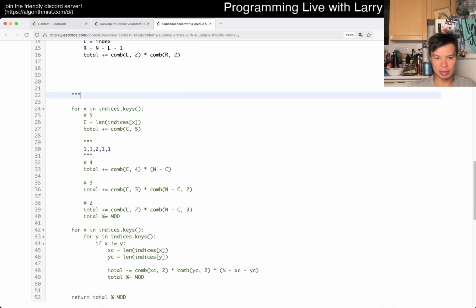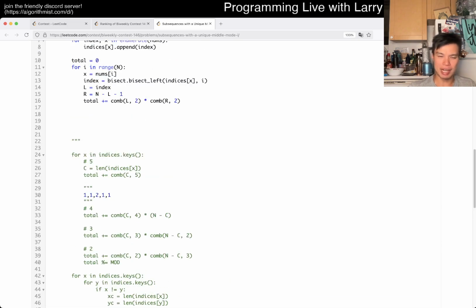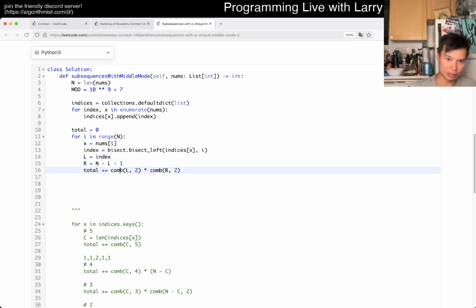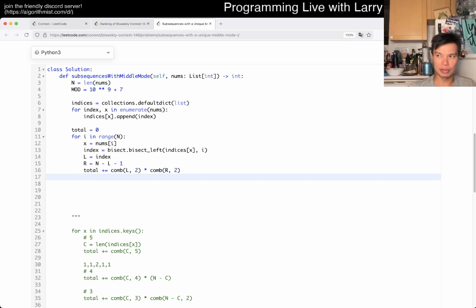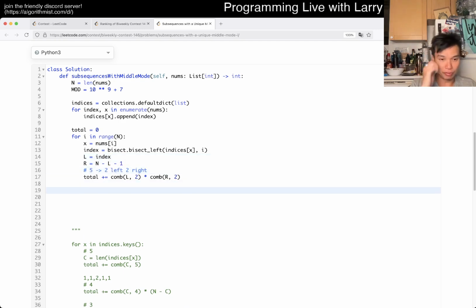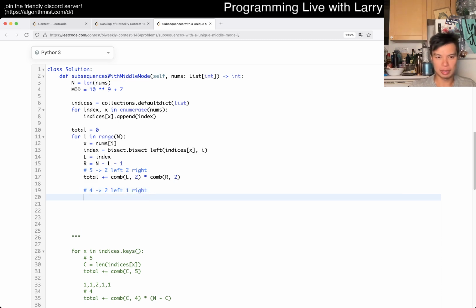Okay, so that's the way to do 5 where it is the element, but 5 is actually pretty easy in that way, because I think I did not need to do this, but okay. But for 4, so this is for 5, right? And then now for 4 we have 2 left, 1 right. So here we want 2 left, 1 right. I know that's whatever, but okay.